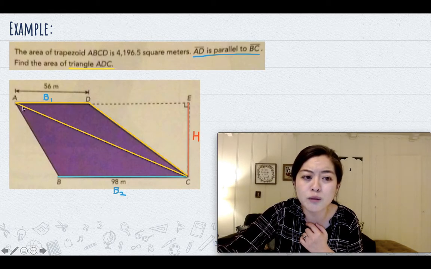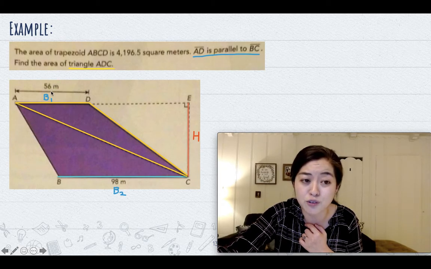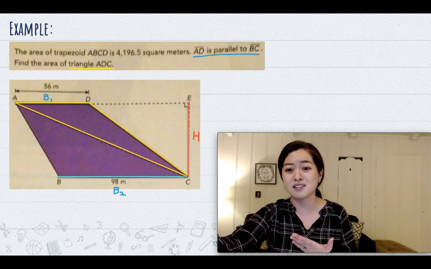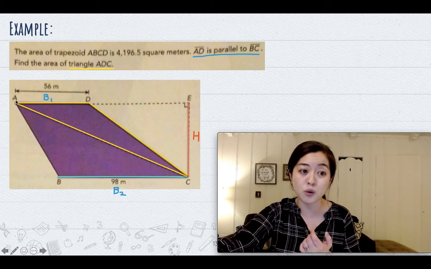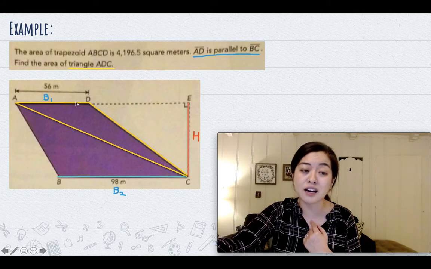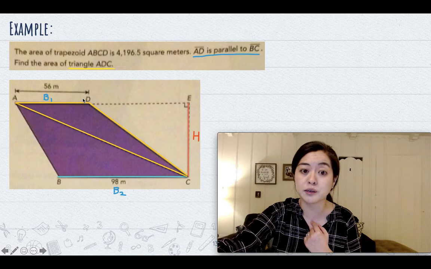So because I know this as a base and it gives me the value for the base, this can be the base of a triangle as well, because remember, a base of a triangle is one of its sides, and since we know this side length, I'm going to keep this as my base of my triangle.